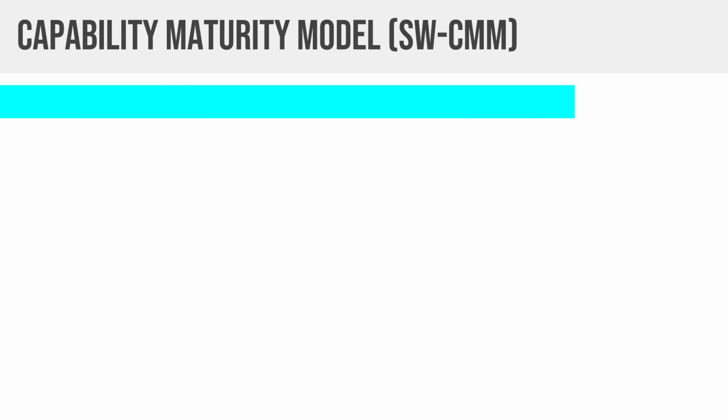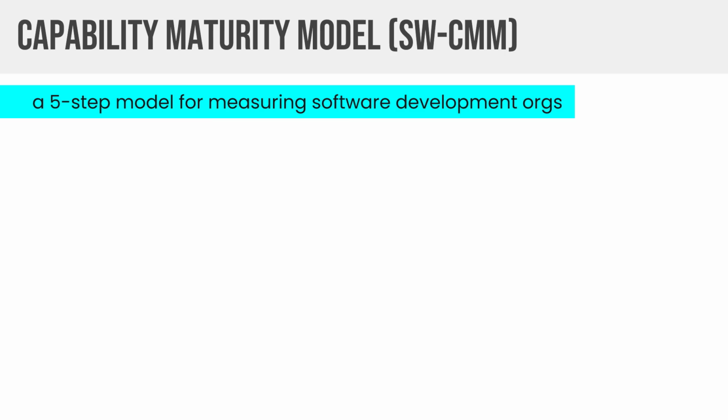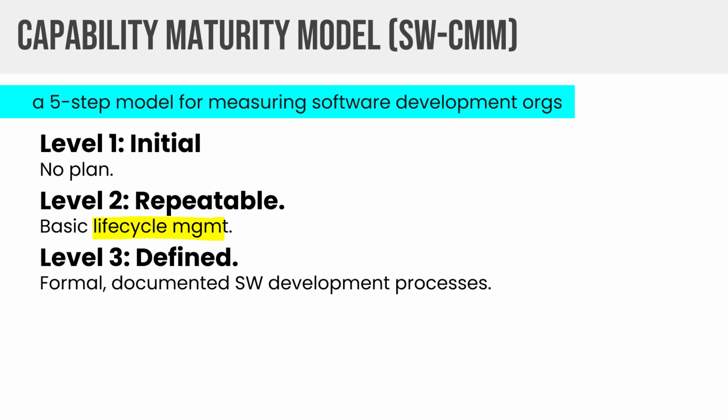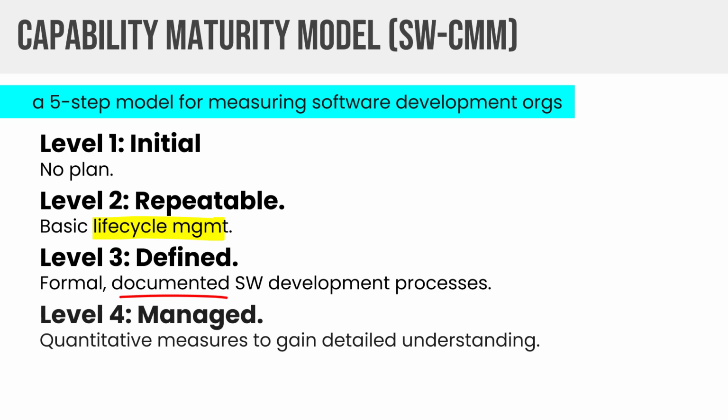So, software capability maturity model. It's a 5-step model for measuring software development organization. So level 1 is no plan. Level 2 is implementation of a repeatable process, basic lifecycle management it's called. Level 3 is defined, where we have a documented software development process.